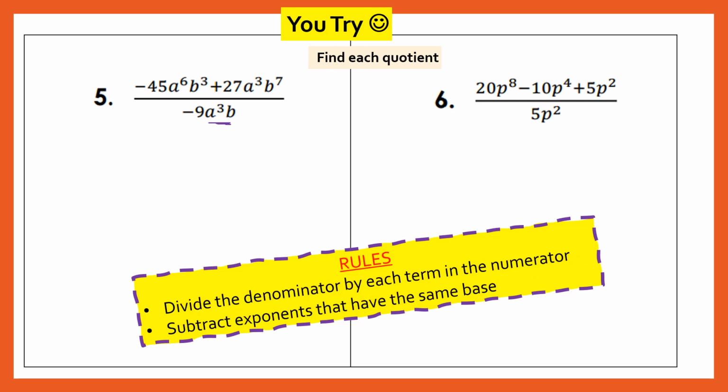So my a to the 6th and a to the 3rd, I'm going to subtract those, and then your exponents with the b. So still subtracting your exponents, but just make sure you are paying attention to the base or the letters that you're using. So go ahead and pause the video and try these 2 problems on your own.